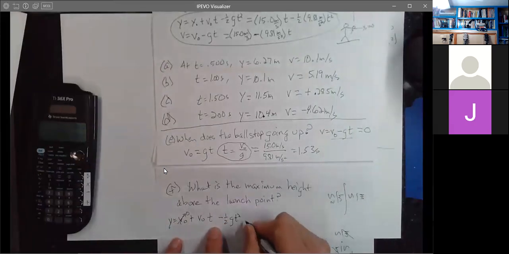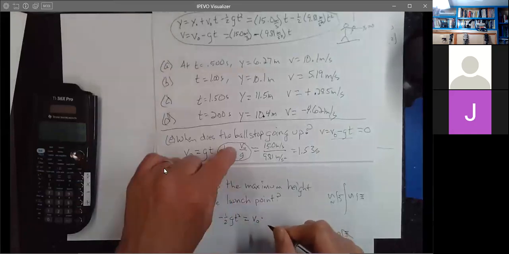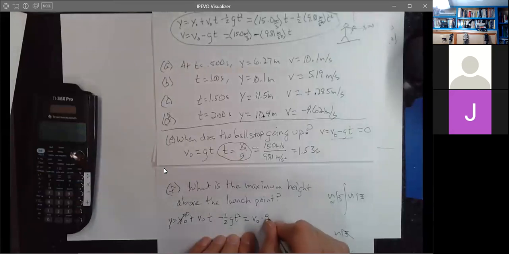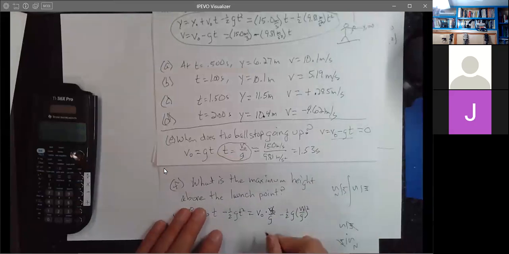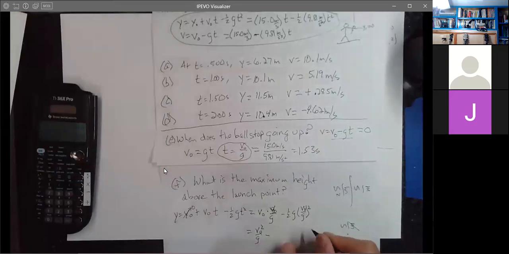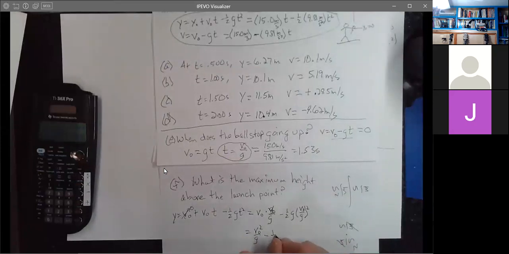And I will get v naught times v naught over g, minus 1/2 times g times v naught over g squared, which is going to be v naught squared over g minus 1/2 times g times v naught squared over g squared.